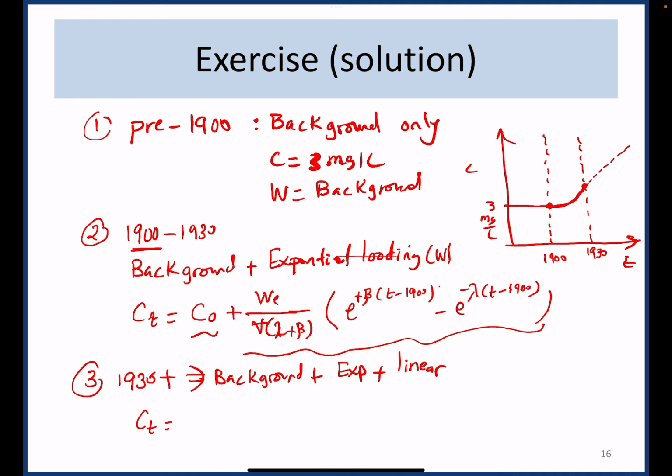So Ct, concentration T, C naught, background plus WE over volume over lambda, okay, BE, and we're still doing the exponential loading. And now we're going to do the linear.